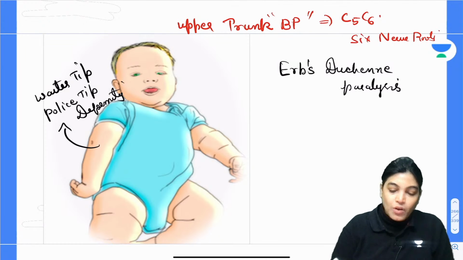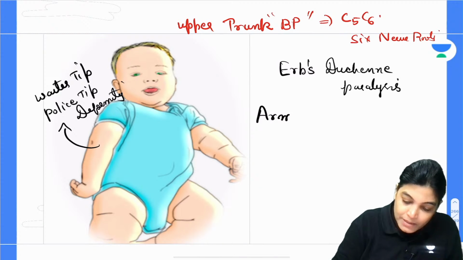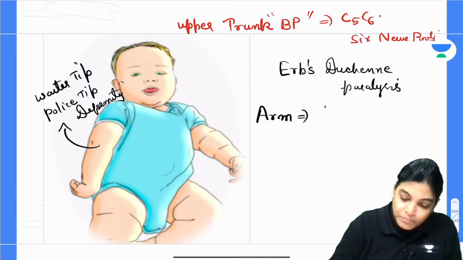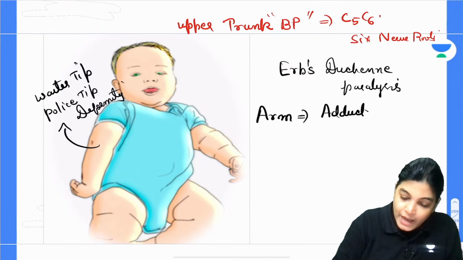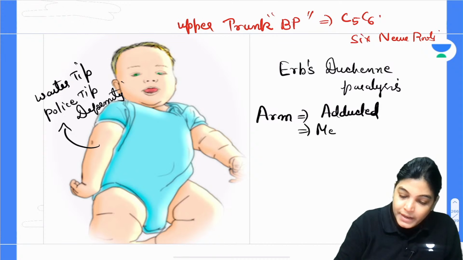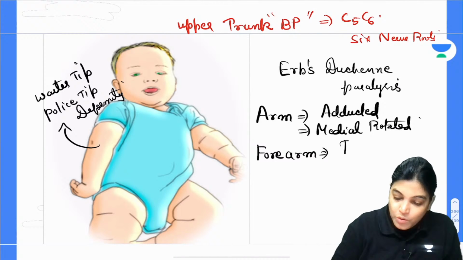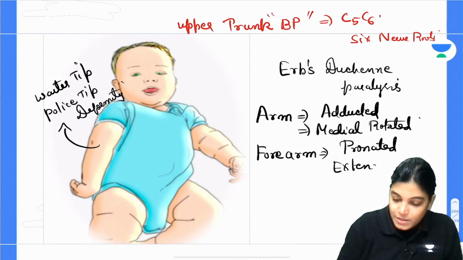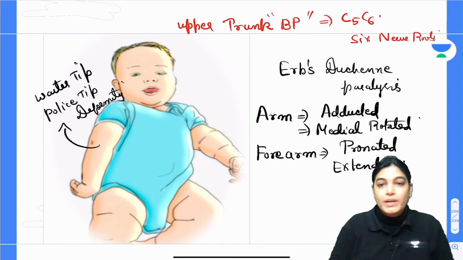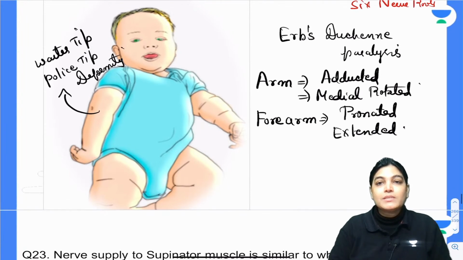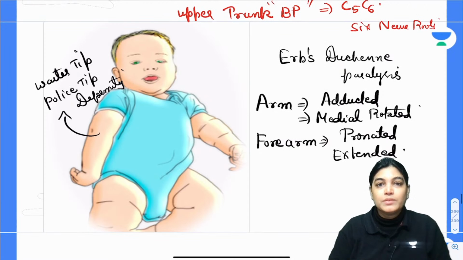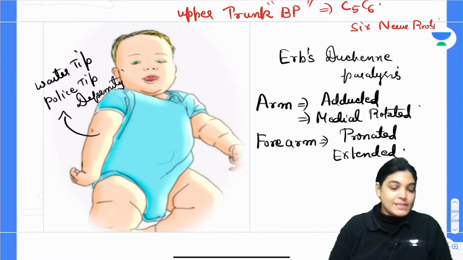The position of the arm in this case will be adducted and medially rotated, and the forearm is extended and pronated.